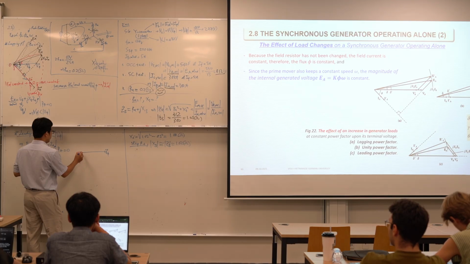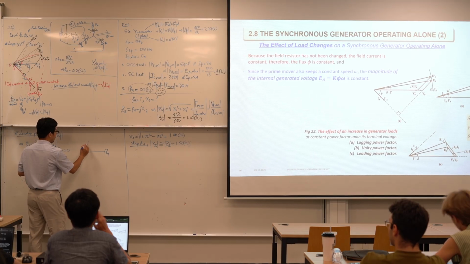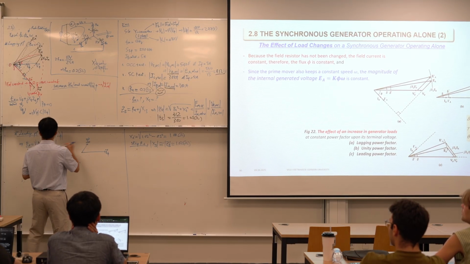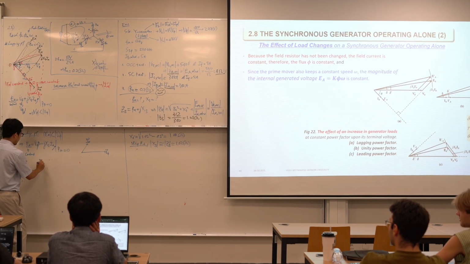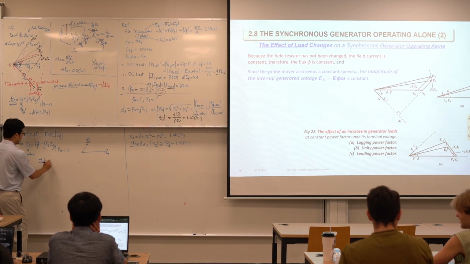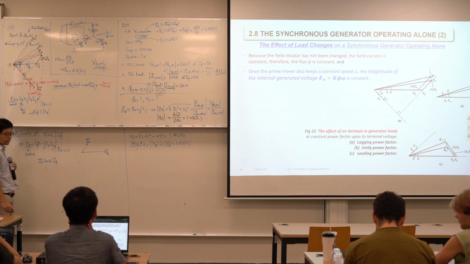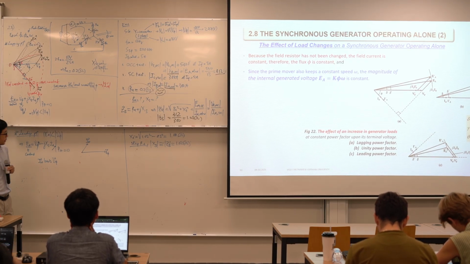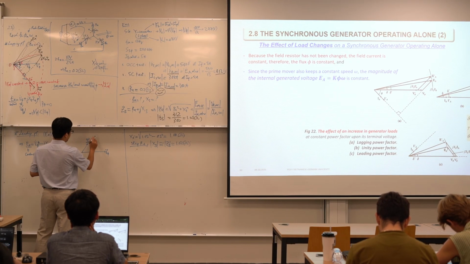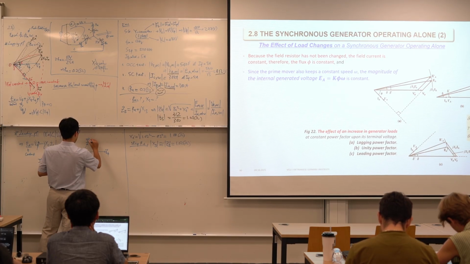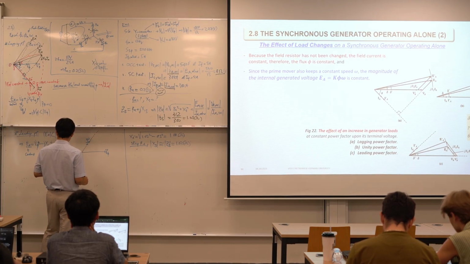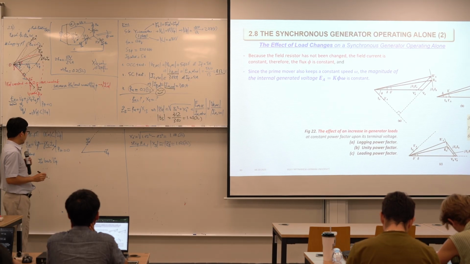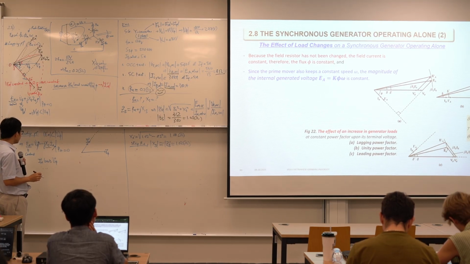So IA now here, IA here. Why? Because leading. So IA leads V phase. And then we have jXS IA.